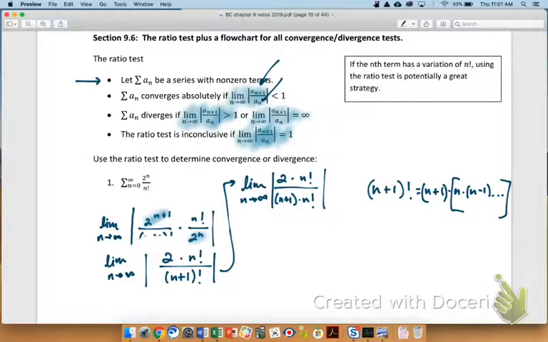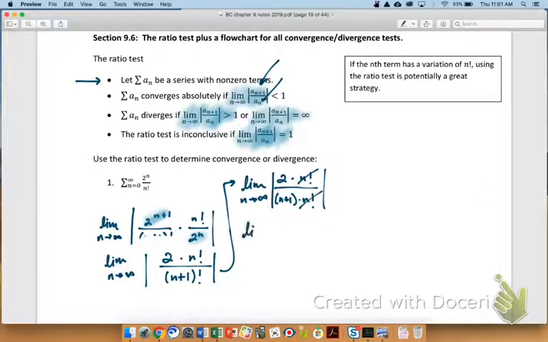Obviously you'd want to cut things off at the most advantageous place, and I stopped it at n factorial because I saw that I could then cancel those n factorials out. That's why I stopped it there. I could have kept going a little ways, but there's no good reason to do that. Does that concept make sense as far as breaking that factorial up a little bit? Okay. All right, so then we do the canceling.